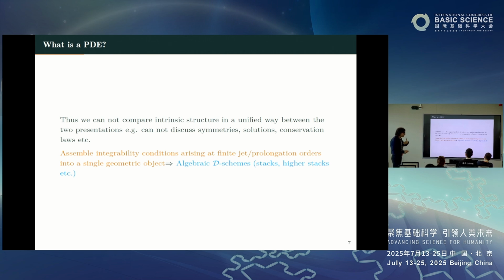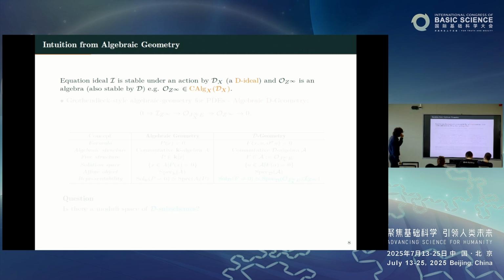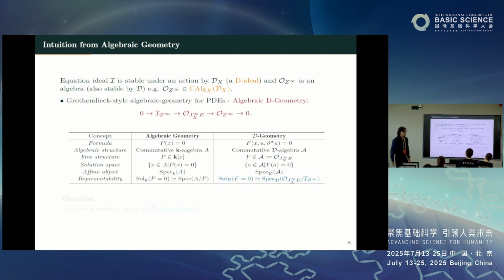So allow yourself to infinitely derive so that your ideal becomes stable under the action of total derivations, and then study everything. Once you do that, you will get naturally short exact sequence of infinite prolongation ideal, O of the jet infinity bundle, and a structure sheaf of the infinite prolongation solution space. Then that naturally gives you some interplay between regular algebraic geometry and D geometry.